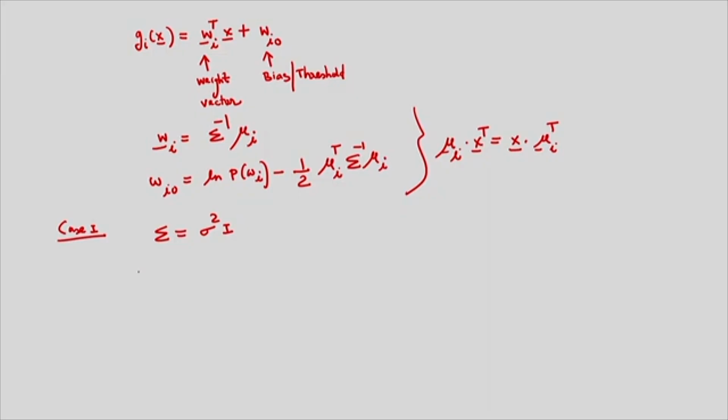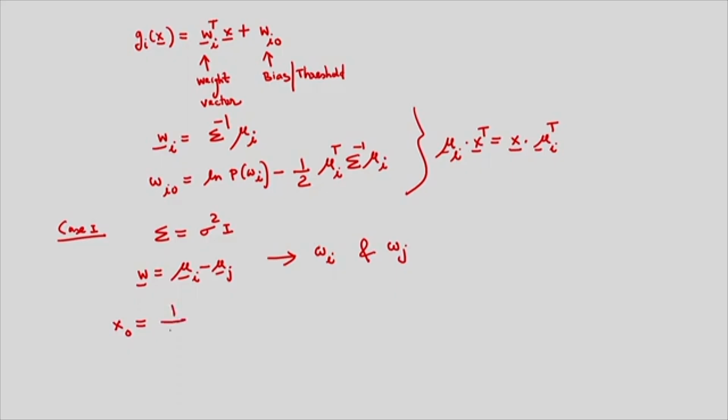Corresponding to this, the weight vector we have derived is nothing but the difference of the means of these two classes. We have considered two classes, the class omega i and another class omega j. We have also considered x naught.